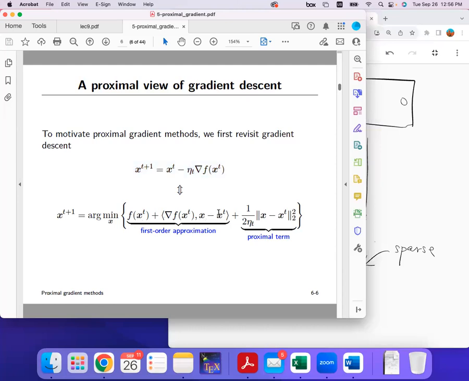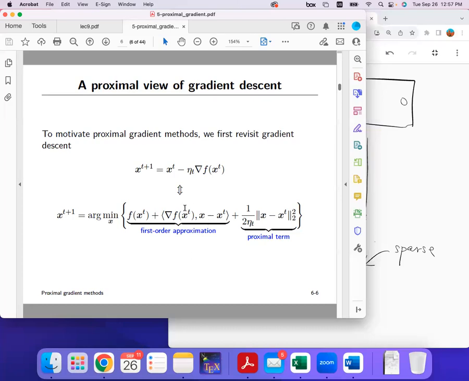So this is a first order Taylor approximation at the current point x_t, plus this residual term, right? And in the mirror descent algorithm, we further talk about how to generalize this Euclidean term to other divergence. But here we will just focus on the standard gradient descent. Okay.